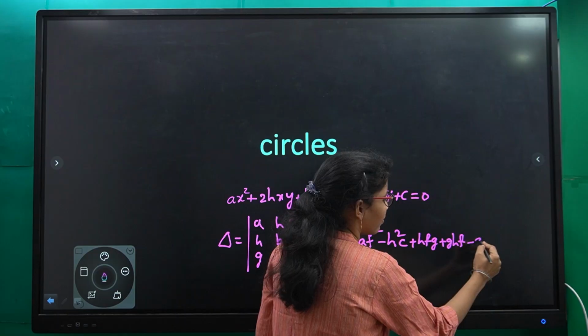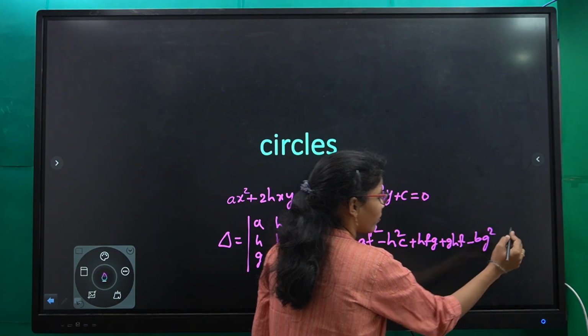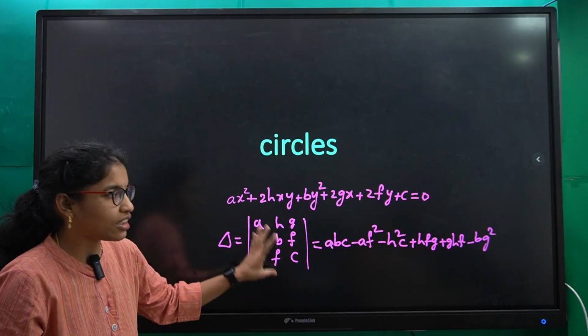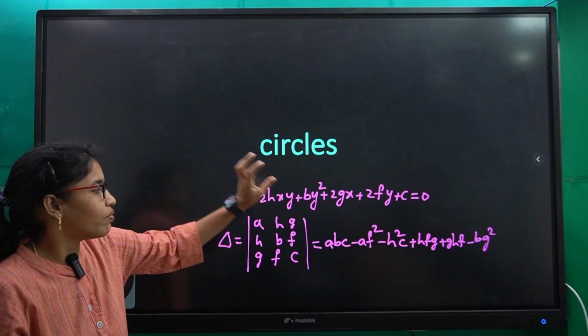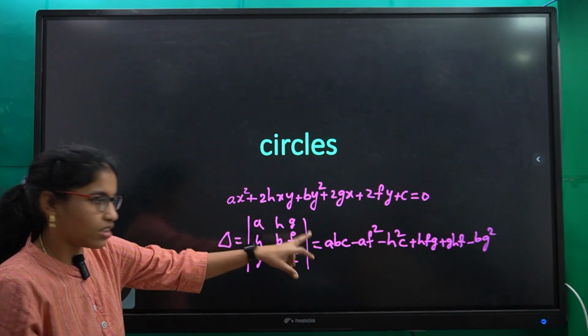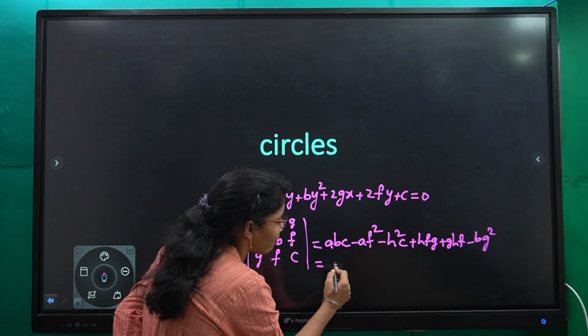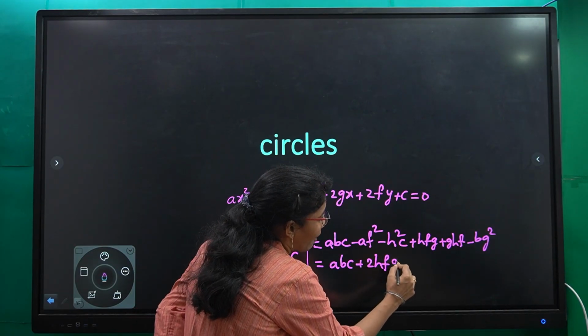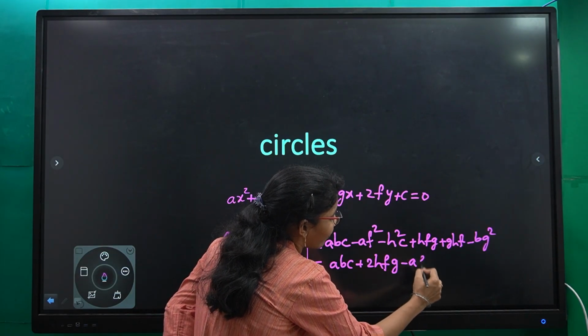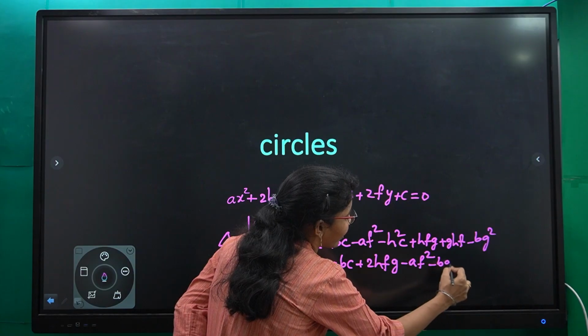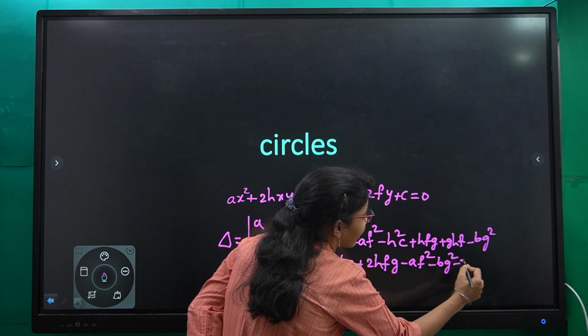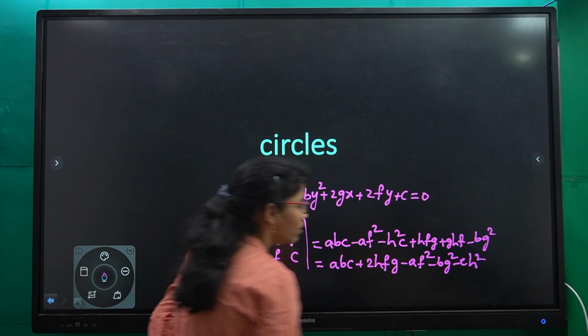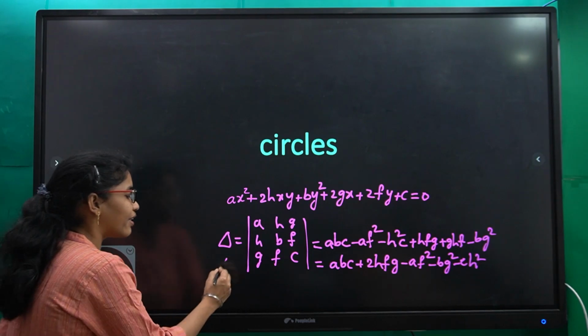You know how to do determinants, right? In simple form, this is abc plus 2hfg minus af square minus bg square minus ch square. This is the value of delta here.